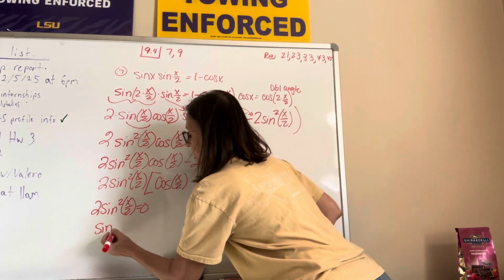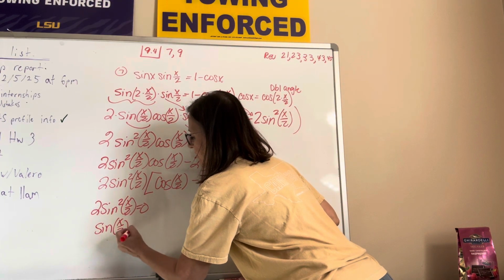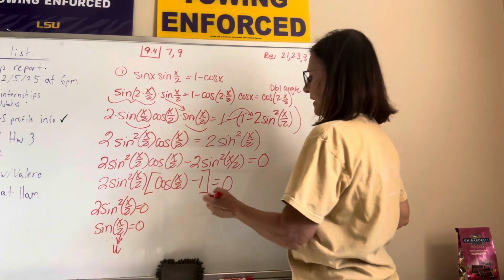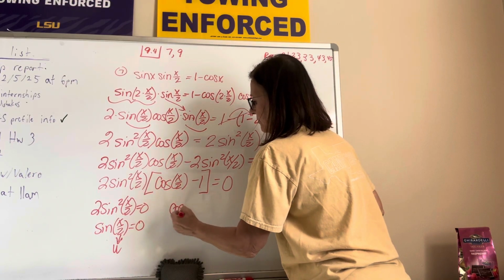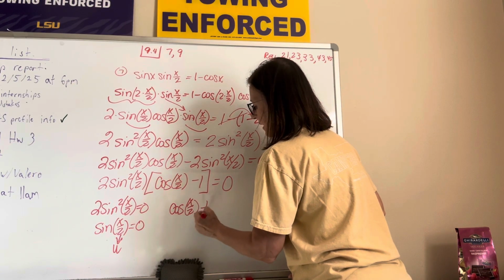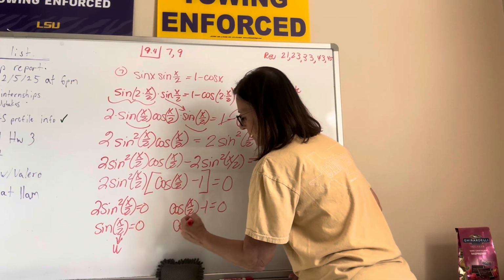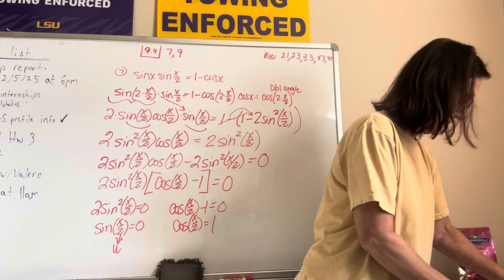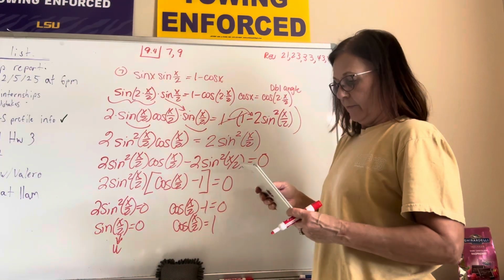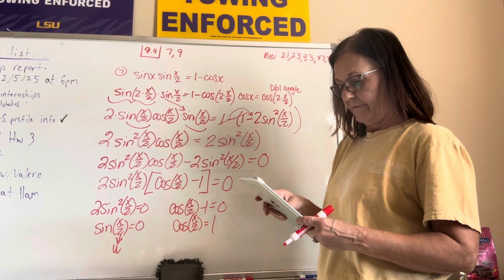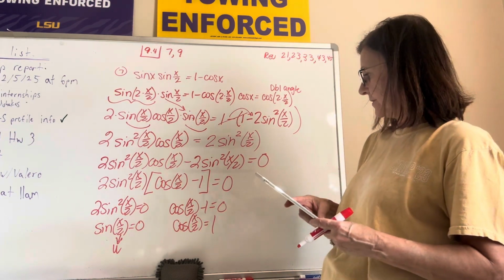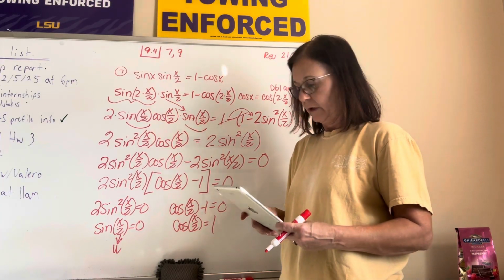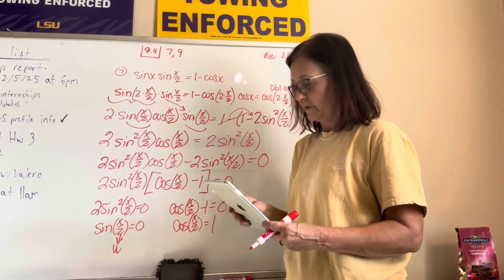You just look at that as u, solve for it. And then you have cosine x over 2 minus 1 is 0. Cosine x over 2 equals 1. This is problem 7. Let's see if I can just come up with the answers. Number 7. There are 2 answers, 0 and 2 pi. All right. When you go in and solve for those.